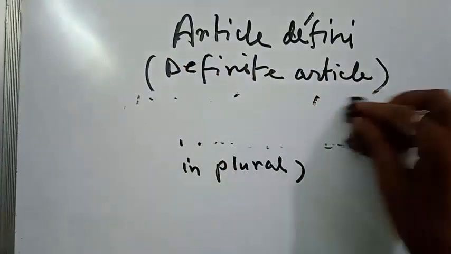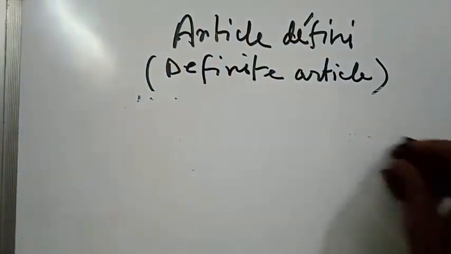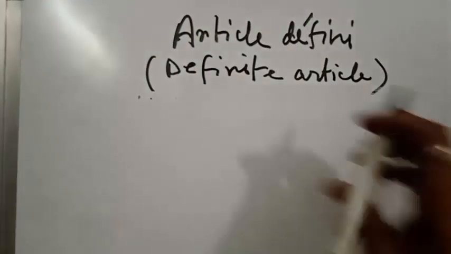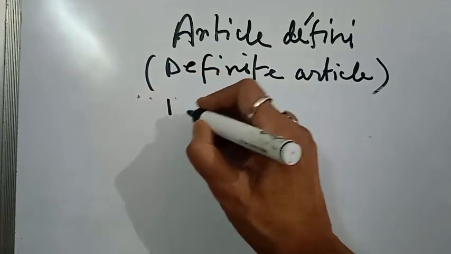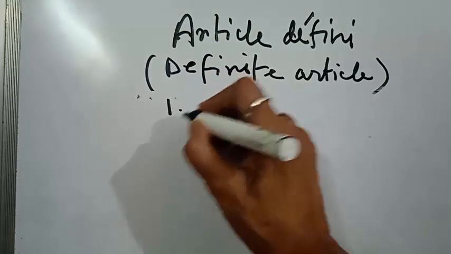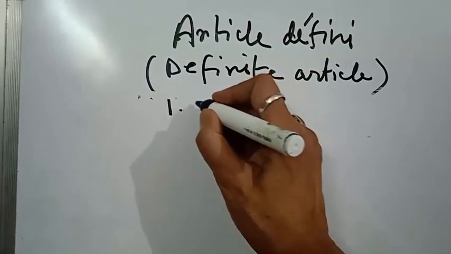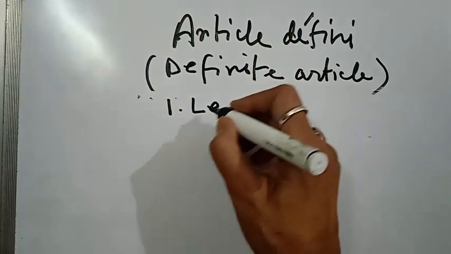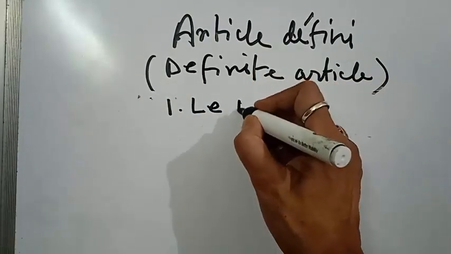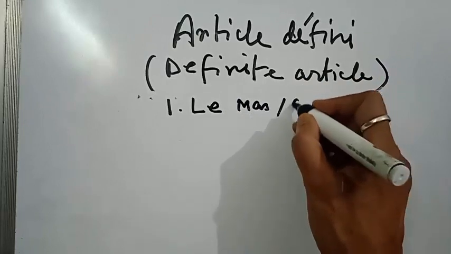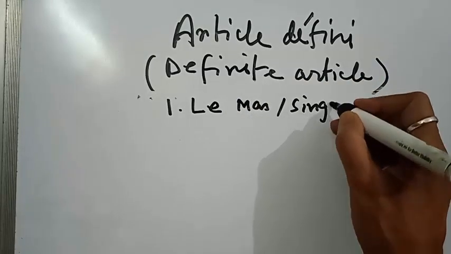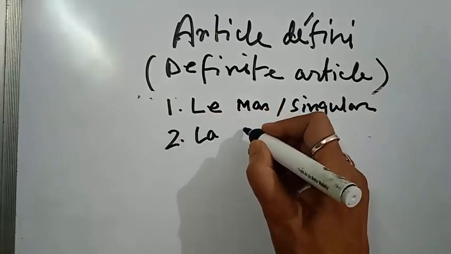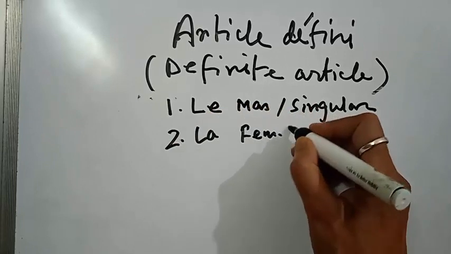But I am repeating once again, to brush up all the articles we have learnt in today's class. Take down the rules in your copy. I am just repeating the articles. The first one is le, for masculine and singular number. Number two, la, feminine, singular.